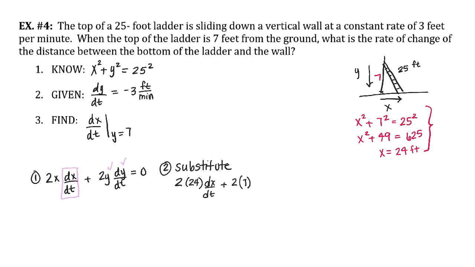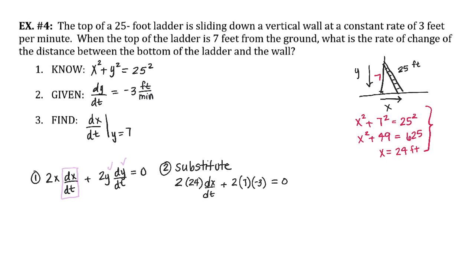And then dy/dt, the rate of change of this moving down the wall, that was -3. All of that we're substituting in, and every bit of that should be equal to 0.